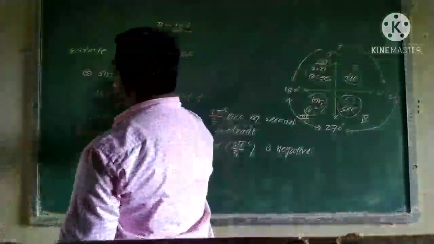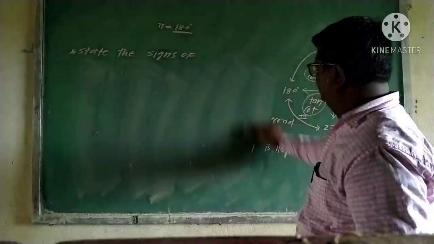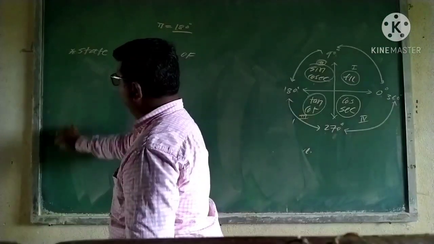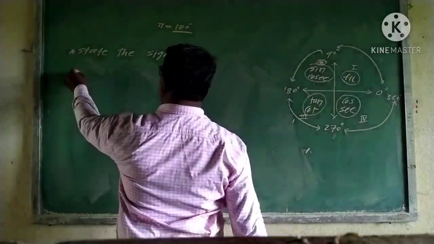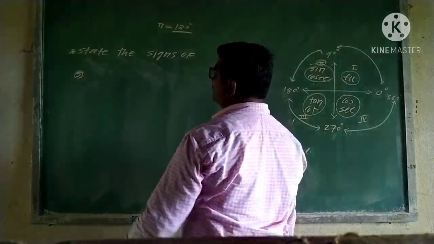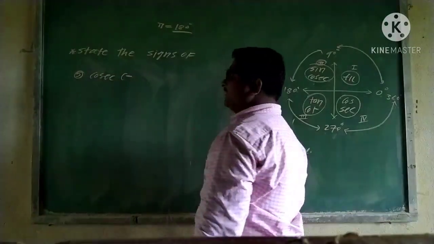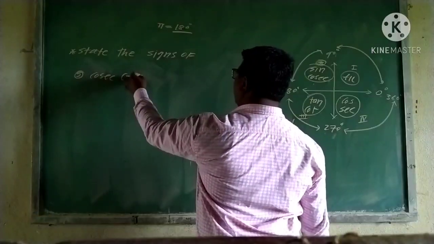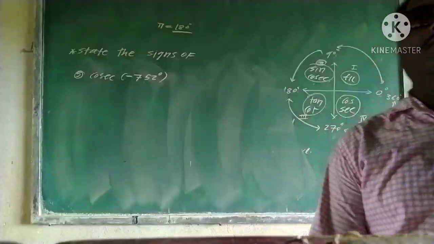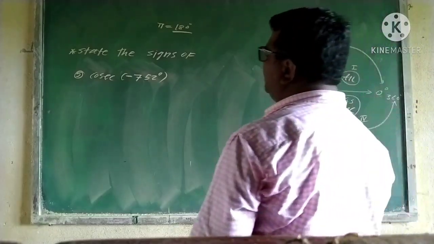Last example: now let's see cosec of minus 752 degree.